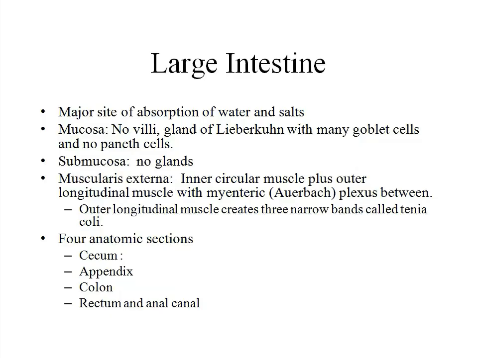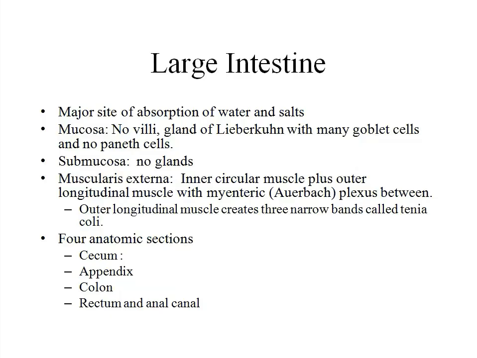In the submucosa, there are no glands embedded, unlike the duodenal glands, gastric glands, or esophageal glands. Same way here in the large intestine, no such glands are present in the submucosa.